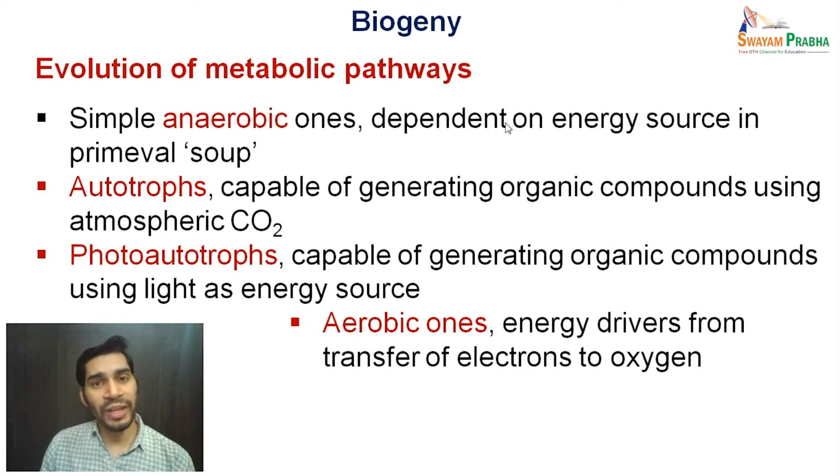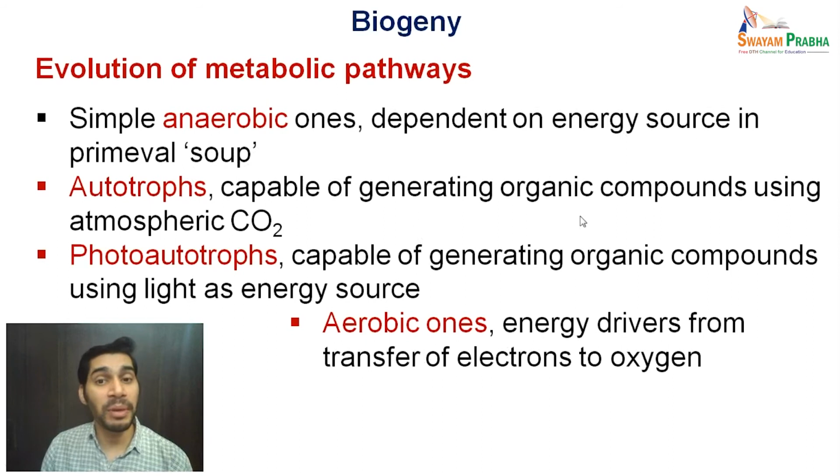Then before moving ahead, we first need to discuss how the metabolic pathways, how the nutritional pathways actually evolved. Simple anaerobic organisms which were dependent on energy source in the primordial soup were the first ones to exist. From them, the autotrophs came into play.